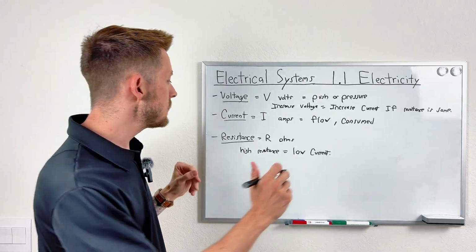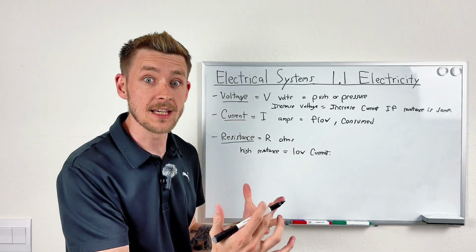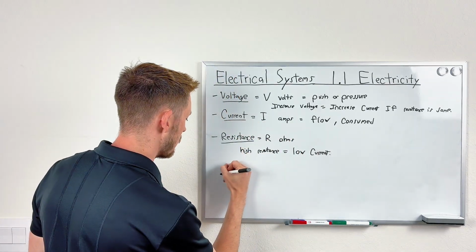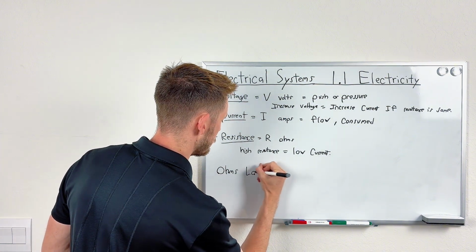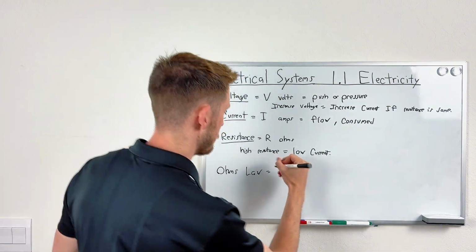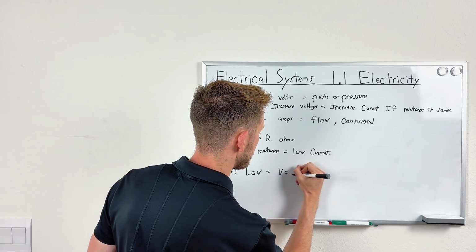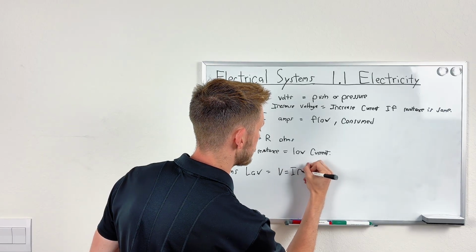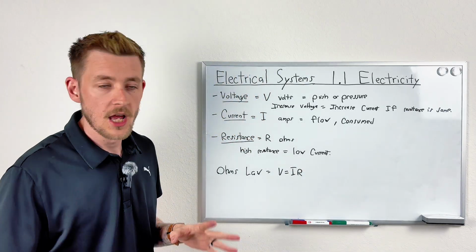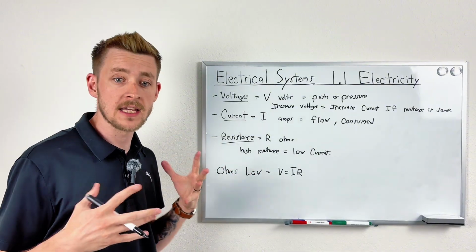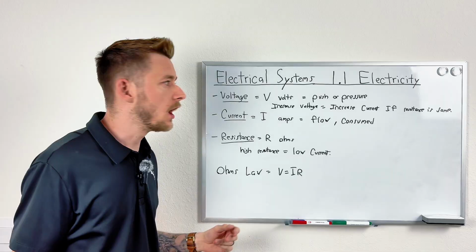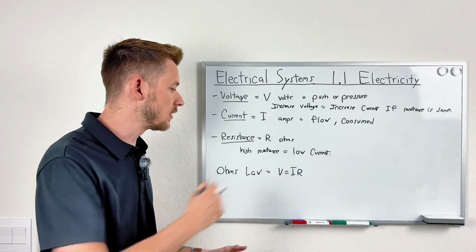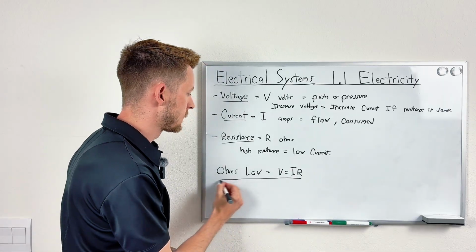So when it comes to measuring this, we're going to be using what's called Ohm's law. And Ohm's law is our formula of voltage equals current times resistance. So anytime we need to figure out in a circuit what we're dealing with when it comes to the full electricity of it, we're going to be utilizing Ohm's law in order to find out.